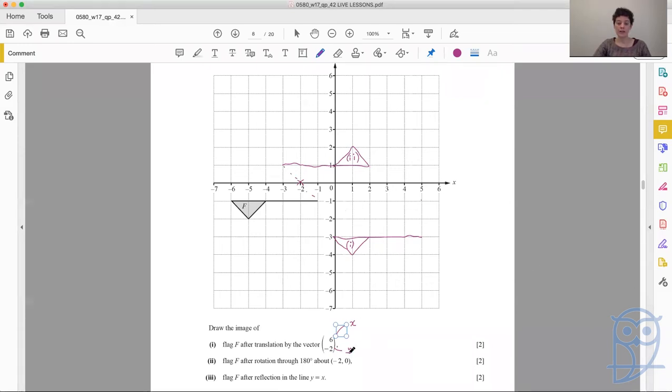And the last one that they ask us for, flag F after a reflection in the line y equals x. So again, we need that y equals x. Now remember, it runs through (0, 0), (1, 1), (2, 2), (3, 3) because y is always equal to x. So we need that reflection line running down.